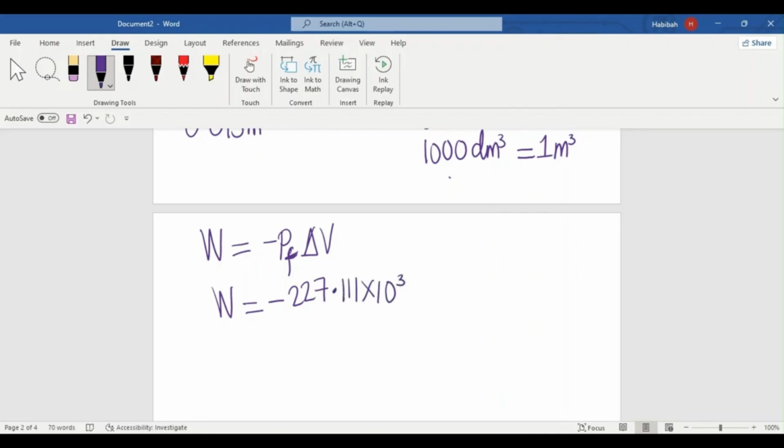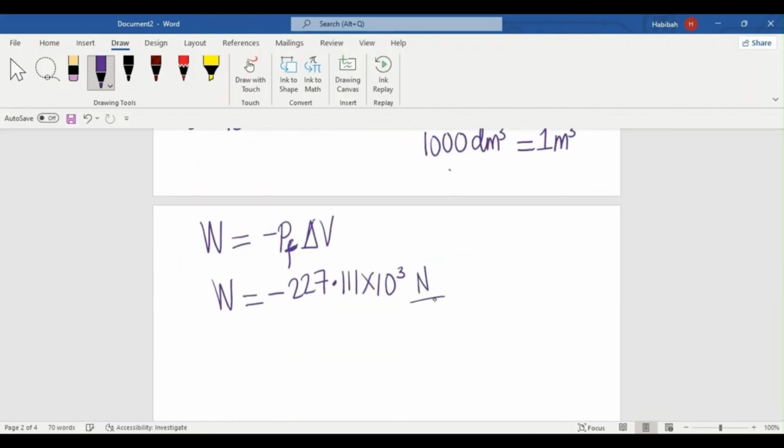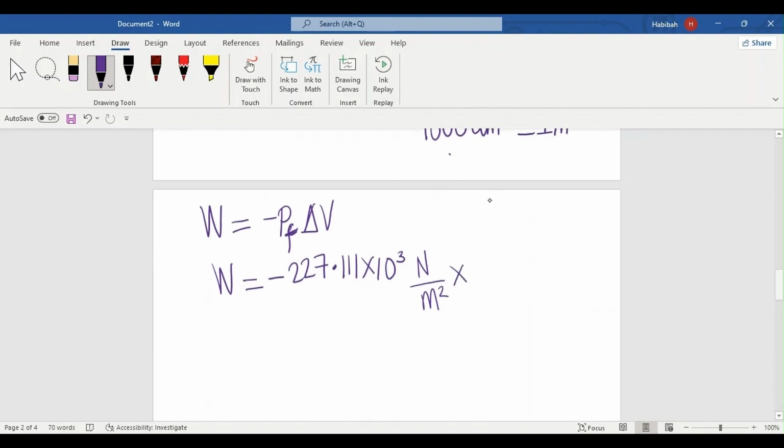Okay, pascals is the same thing as Newton per meter squared. So that would be Newton per meter squared times change in volume, which is simply 0.015 meter cubed. Of course, we can cancel this out. So that would be meter squared, meter cubed, remove that.